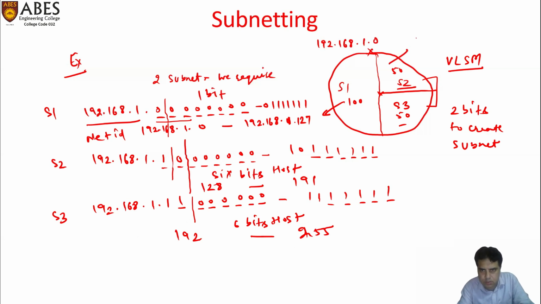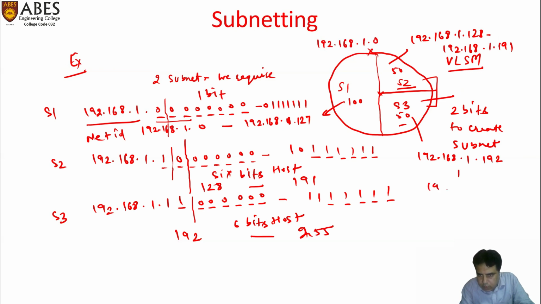So the range for S2 is 192.168.1.128 to the last address 192.168.1.191. For subnet S3, it is 192.168.1.192 to 192.168.1.255.